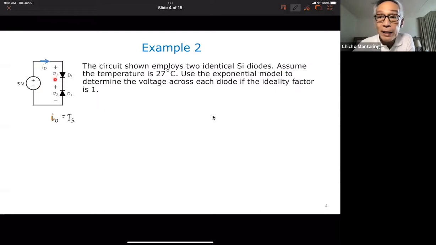The forward biased diode is going to have a small voltage across it. Maliit na voltage, yung magiging voltage dito sa forward biased diode. Therefore, the voltage across your reverse biased diode is going to be relatively large compared to the voltage across the forward biased diode. As a matter of fact, most of these 5 volts pupunta dun sa reverse biasing the second diode.